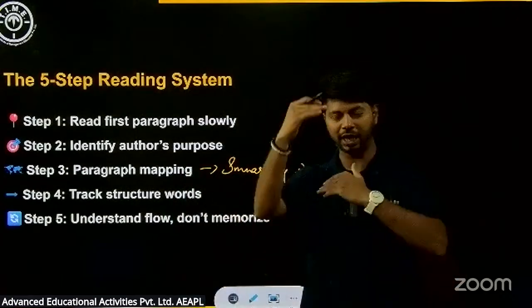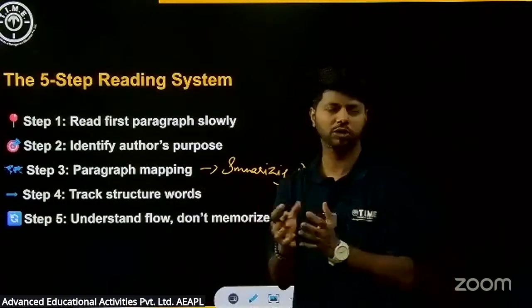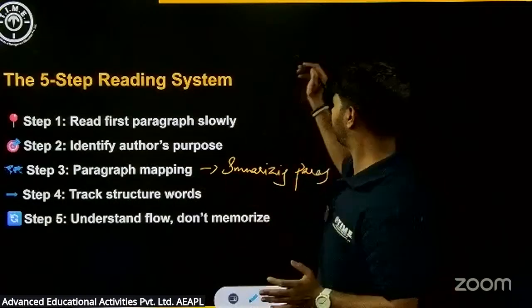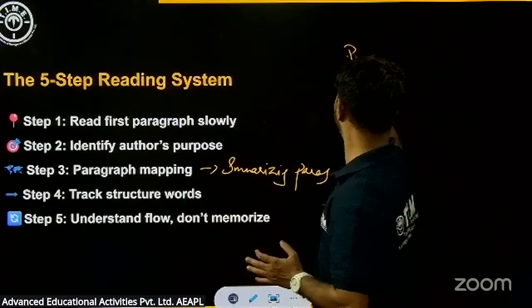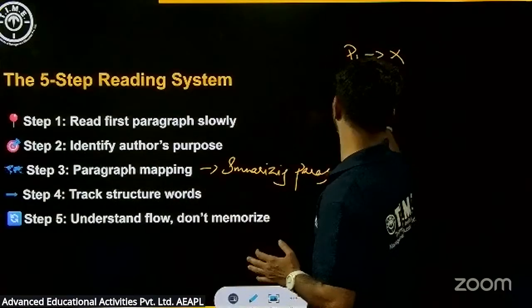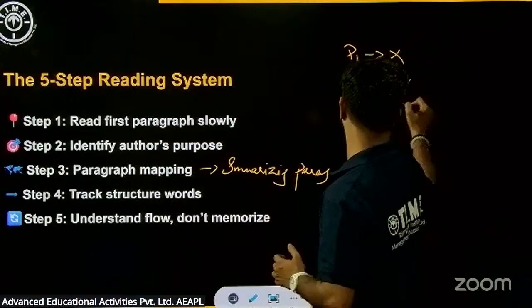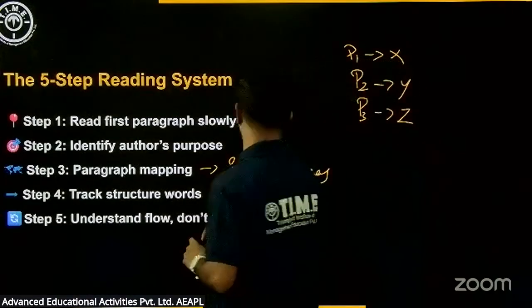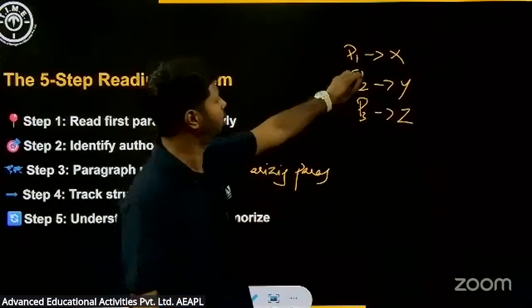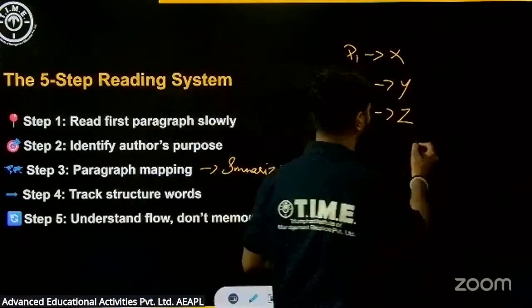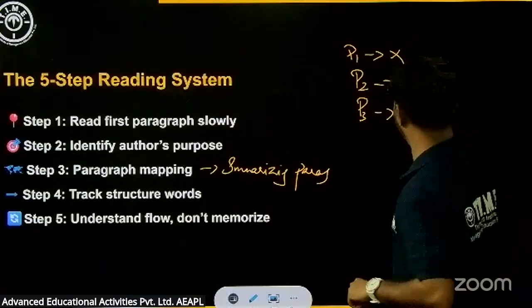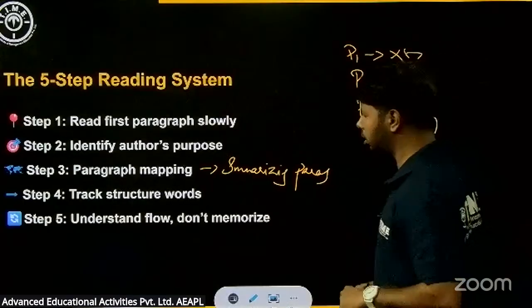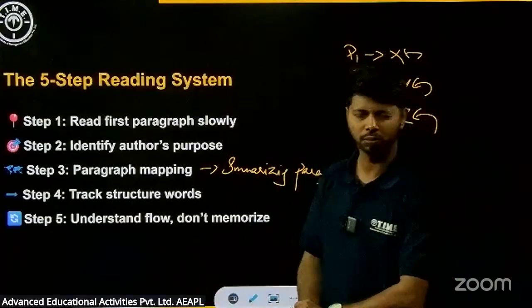Summarizing paragraphs, creating a blueprint or exoskeleton of the whole thing. Para 1 is saying this, P1 is talking about X, P2 is talking about Y, P3 is talking about Z. So if there's a question anywhere that is perhaps talking about X, Y, or Z, I can just always go back, check the argument here, check the argument here, check the argument here, and I can answer the question much more accurately.